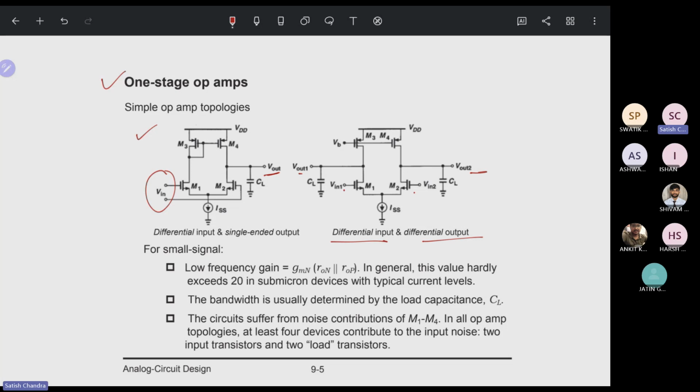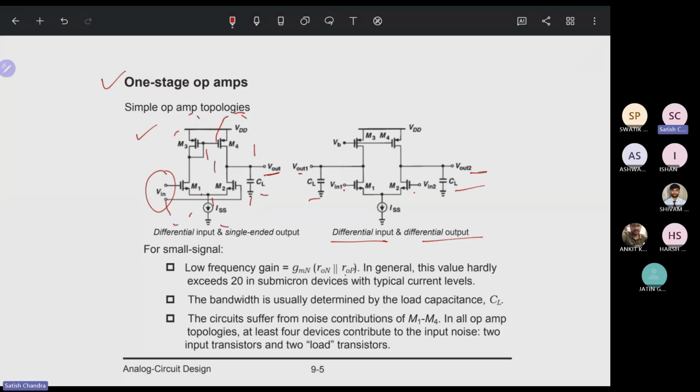For this case, the low frequency gain depends on the output resistance of the N type MOSFET and the P type MOSFET, which come in parallel to each other. In general, this value hardly exceeds 10 in sub-micron devices with a typical current level. The bandwidth is usually determined by the load capacitance, that is here, this and this part.